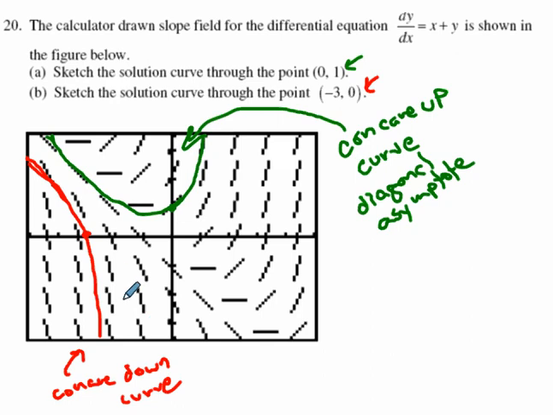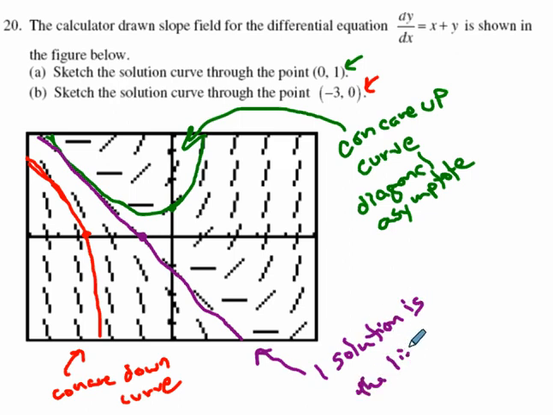There's one more solution that I want to point out that they didn't do. If we did the solution through (-1, 0), it would be this, and it would literally go as a straight line here. So we have exactly one solution which is the line y equals, let's see, that looks like it's a -x and -1.